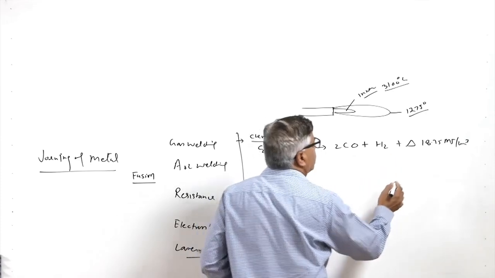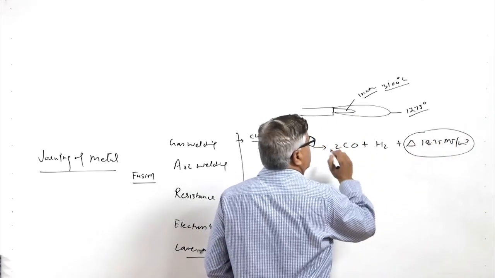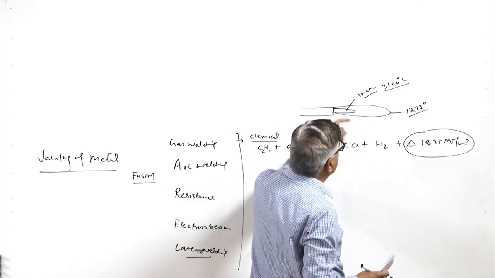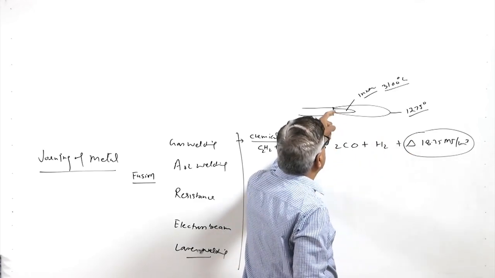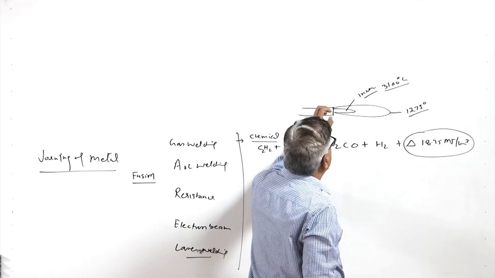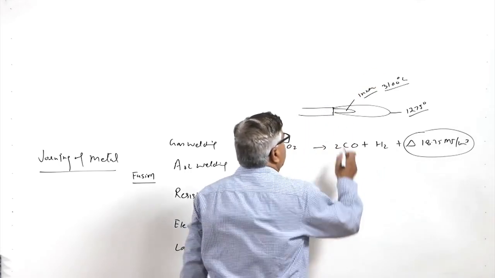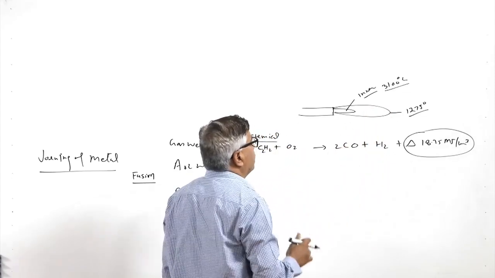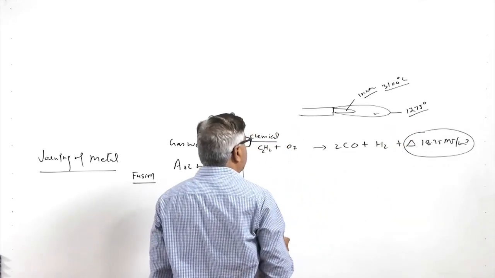In the inner cone somewhat lesser heat is generated, but despite the lower amount of heat being generated, its surface area is less. So, it results in a much higher temperature, and further it is enclosed by the outer, cooler envelope, which is at 1275 degrees centigrade.